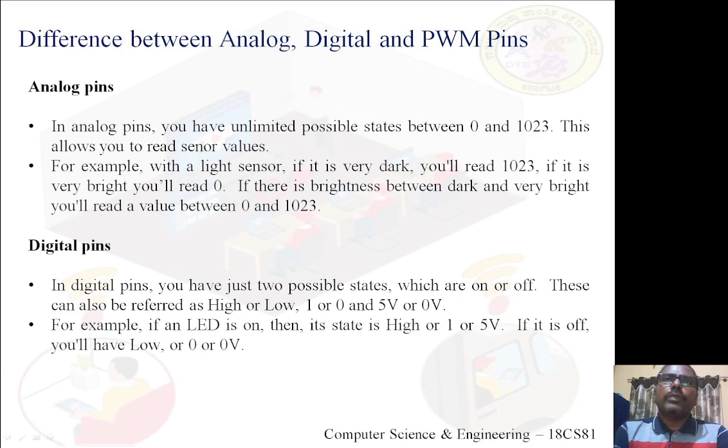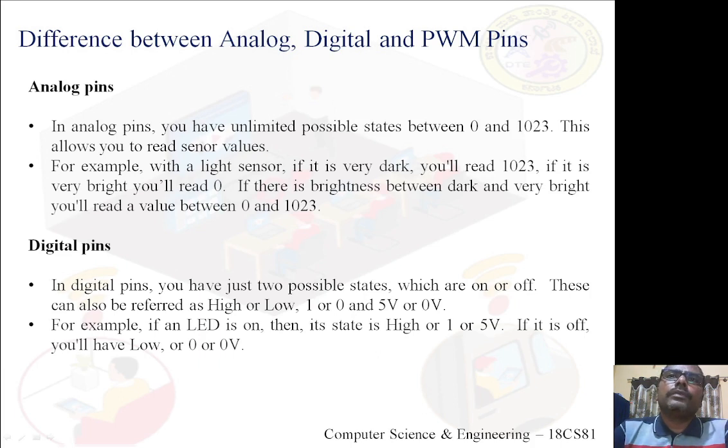Say for example, you have interfaced a light sensor to one of the analog pins. If the room is very dark, this pin will have the value 1023. If the room is very bright, we will read 0. If the brightness is between dark and very bright, the value read will be between 0 and 1023.